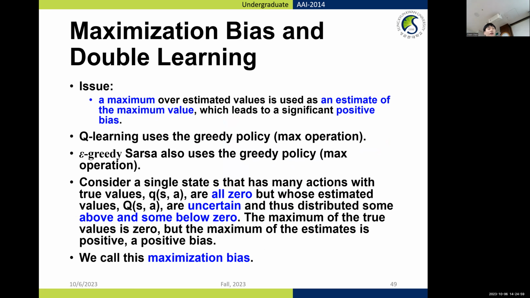Since we always use this max operation, this greedy policy, sometimes even though the true value is 0, our estimate fluctuates, sometimes positive, sometimes negative, but we are always choosing the positive one. This causes a bias relative to the true value of 0. We call this maximization bias. It may be a little abstract, so let's look at an example.